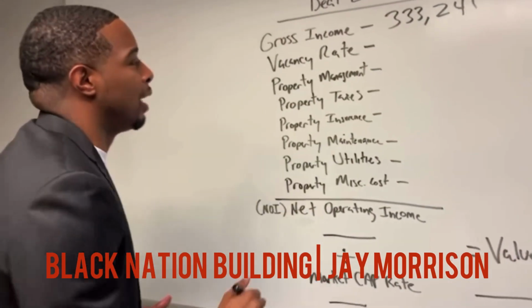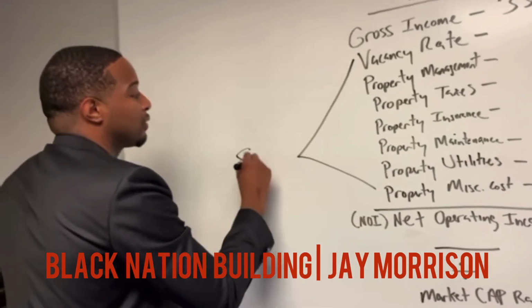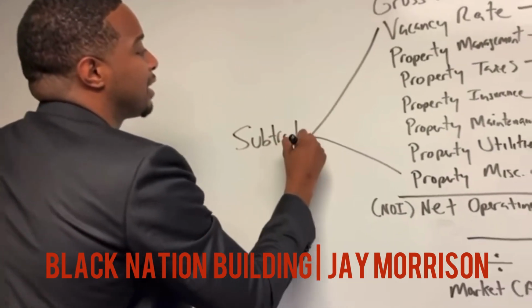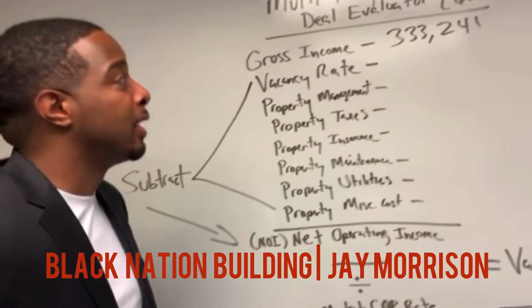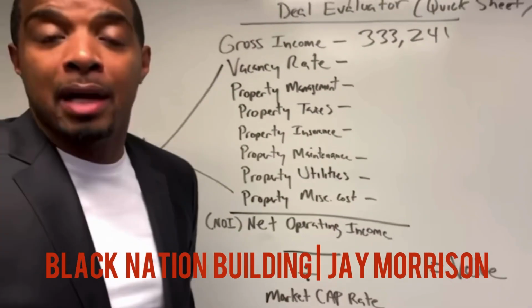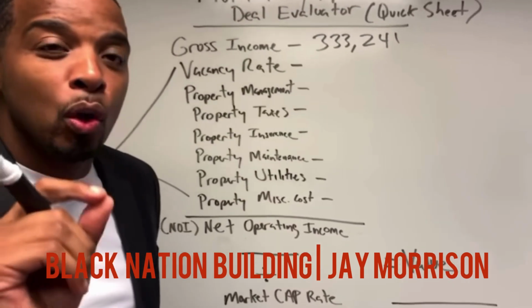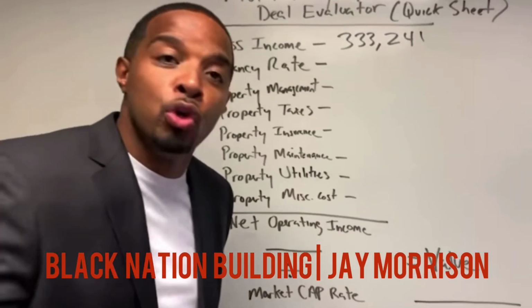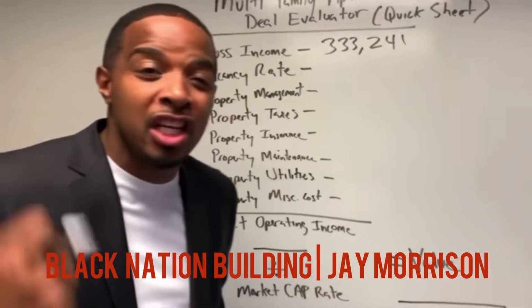Now with that income, there's going to be a host of expenses that we subtract from our gross income to find a net operating income at the end of the day. So here's a quick cheat sheet. Many times it's going to be a little off. It's not going to be exact, but it will give you a close estimate when you're blowing through multifamily deals, the way I underwrite hundreds of millions of dollars of deals.